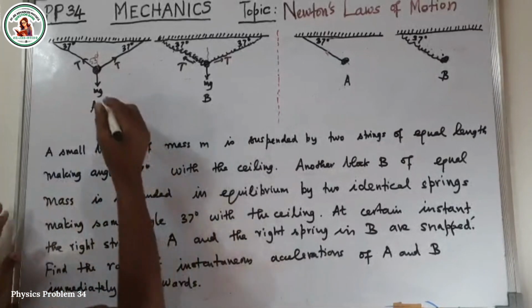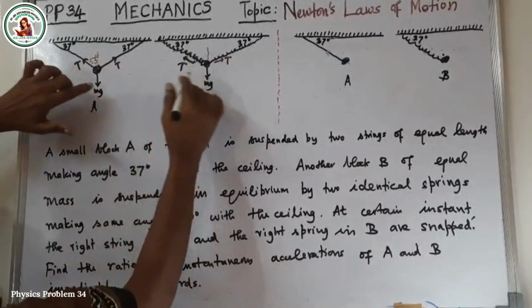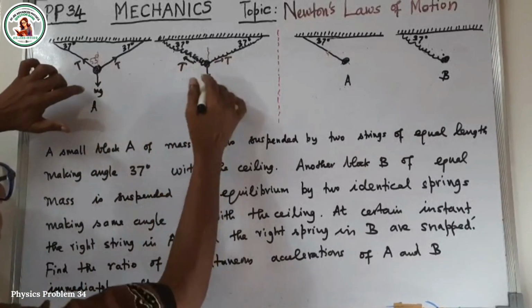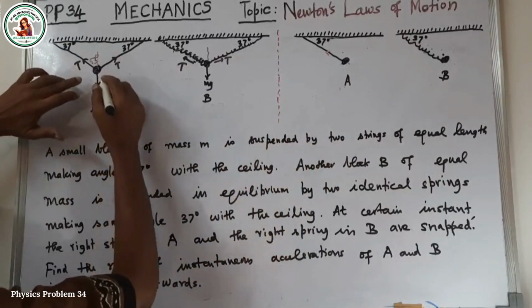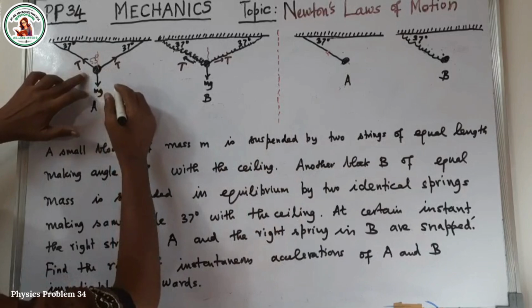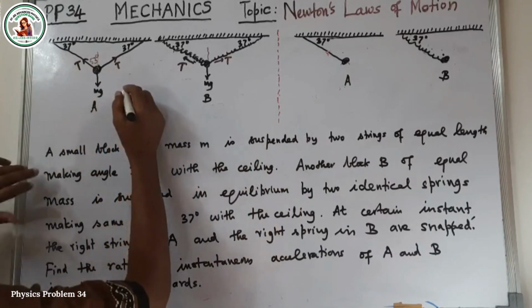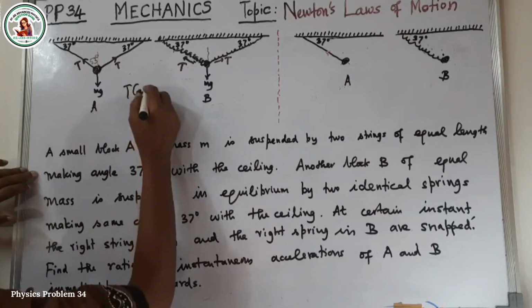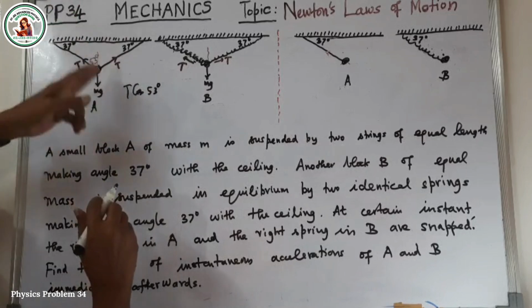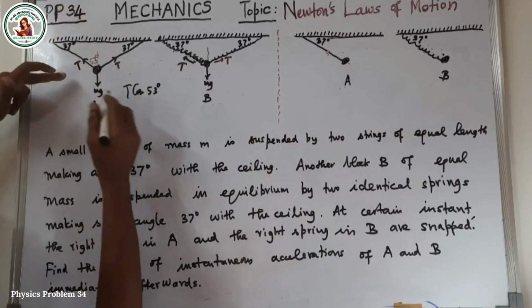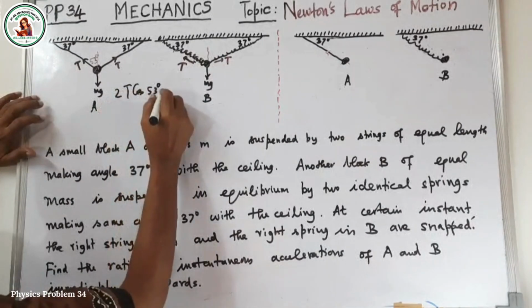The original tension is the tension that is balancing the weight of this mass. P cos 53 degrees is the component of P in the vertical direction. There are two tensions, so 2T cos 53 degrees, which is 3 by 5, is equal to mg.